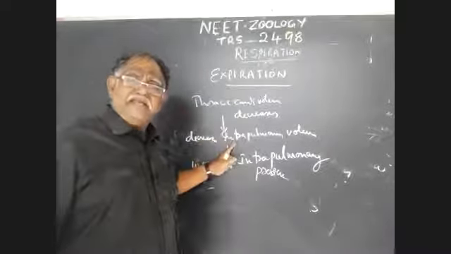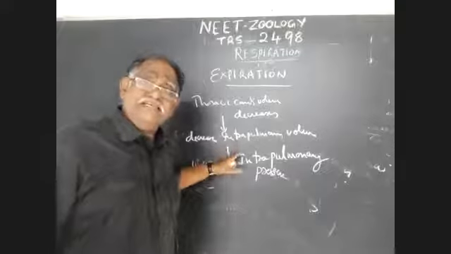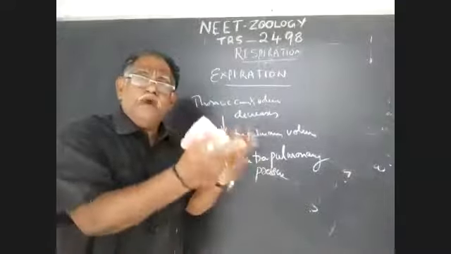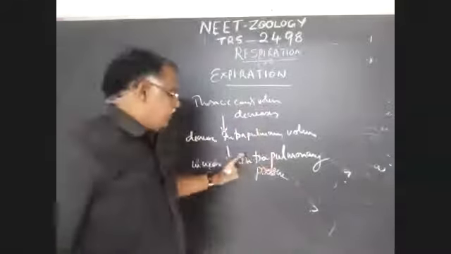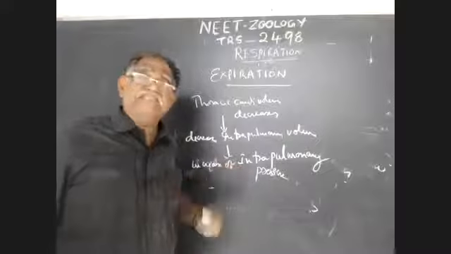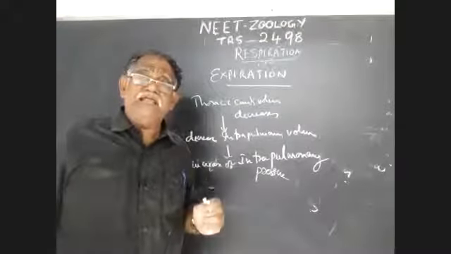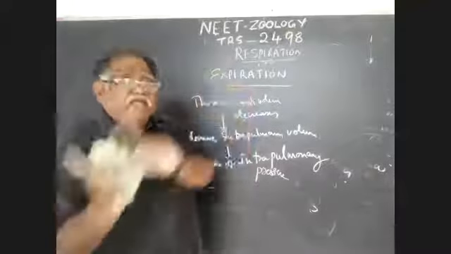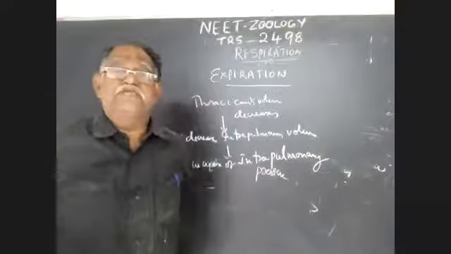In turn, the intrapulmonary volume decreases. Due to the decrease of intrapulmonary volume, pressure increases because volume is inversely proportional to pressure. So, in the lungs, the intrapulmonary pressure is higher than atmospheric air pressure. So, air from the lungs passes out. That is the process of expiration.